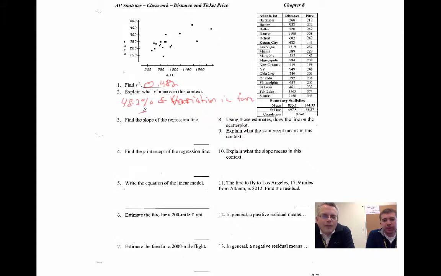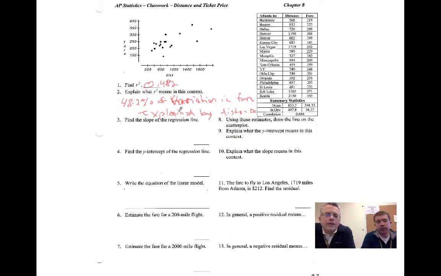So 48.2% of the variation in airfare is explained by the distance. If we add the line of best fit, there's still some variation around it. It's a measure of how well the line of best fit explains how much the fares are varying.